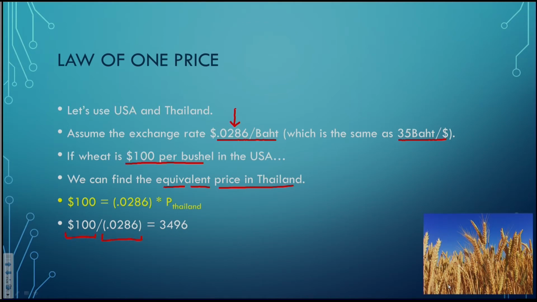So what we've just learned is that the Thai price would be 3,496 baht. And what we're saying is that's the equivalent to 100 US dollars. All right. Now, you could have probably done that math without me even bringing it up.